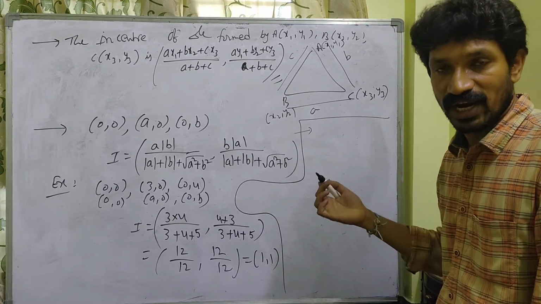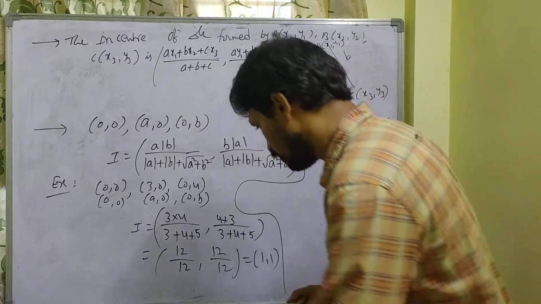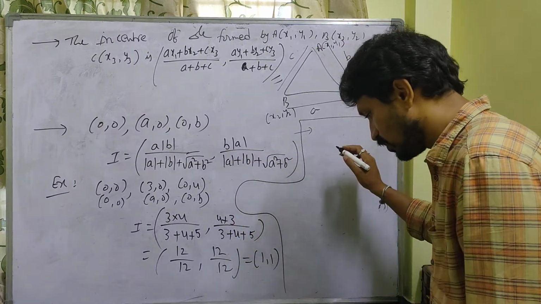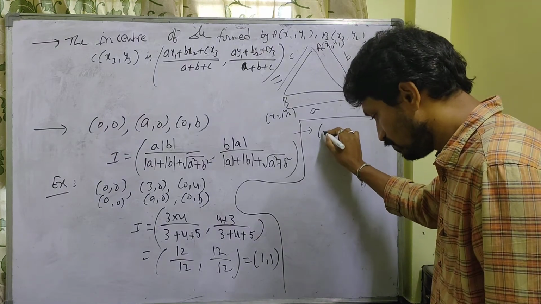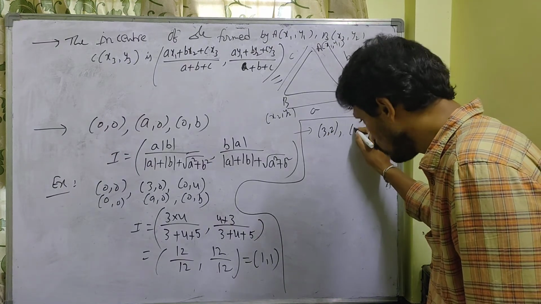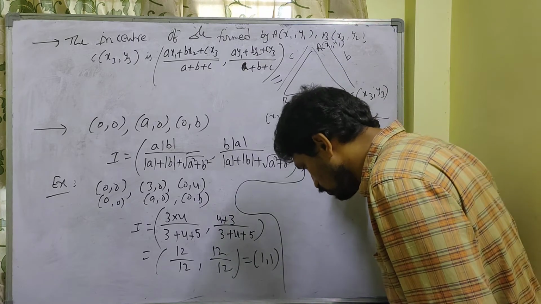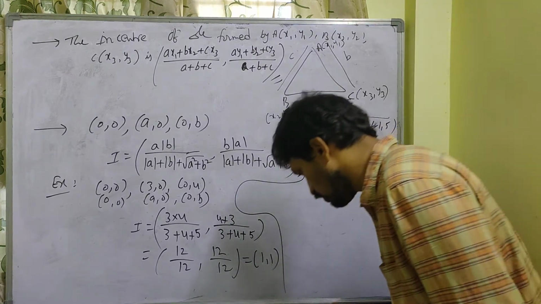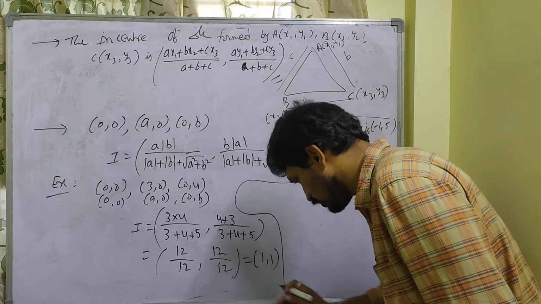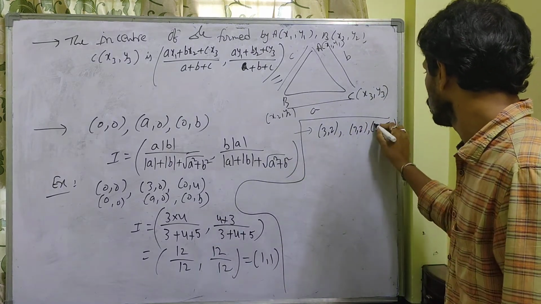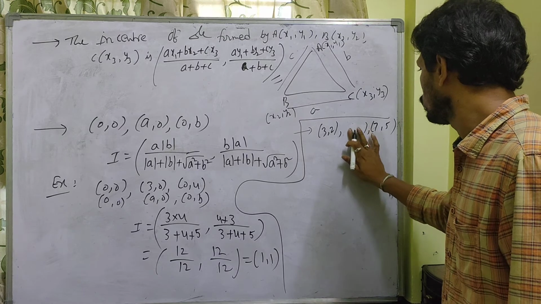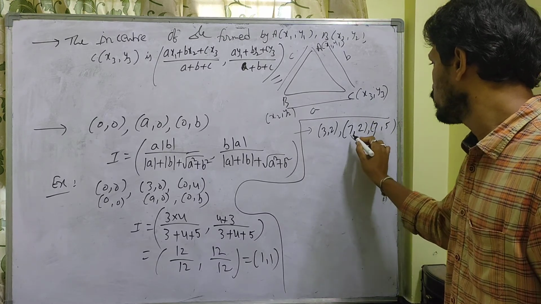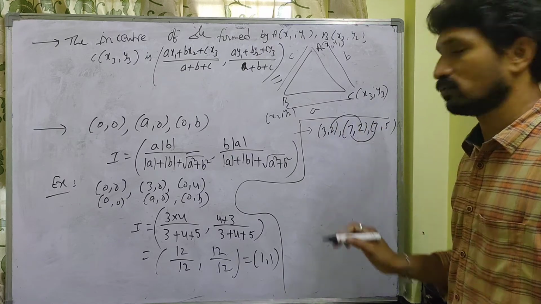Whenever you have a right angle triangle, how to do that problem? See here, one example: incenter of the triangle formed by 3, 2, 7, 2, minus 1, 5. Sorry, this is 7, 5. This is 7, 2. These 7s coincide, these 2s coincide, equal.